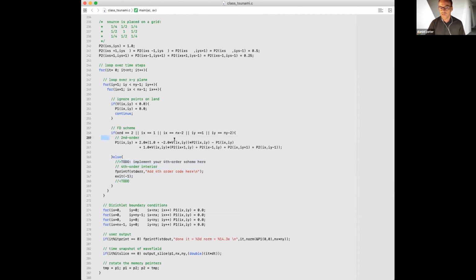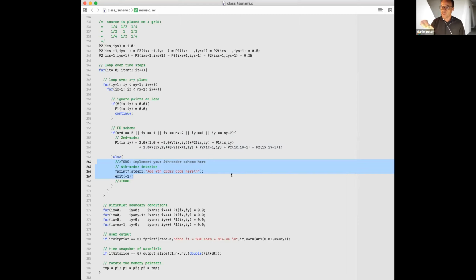So it has the second order above, that's already implemented. All you would do is now add a fourth order scheme. And then play around with the homogeneous wave speed and the inhomogeneous wave speeds.